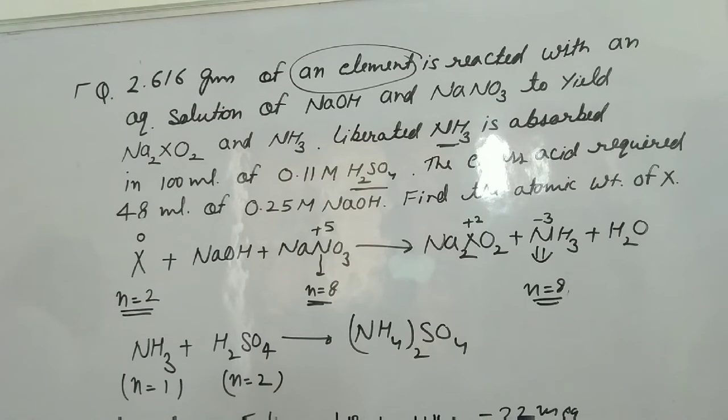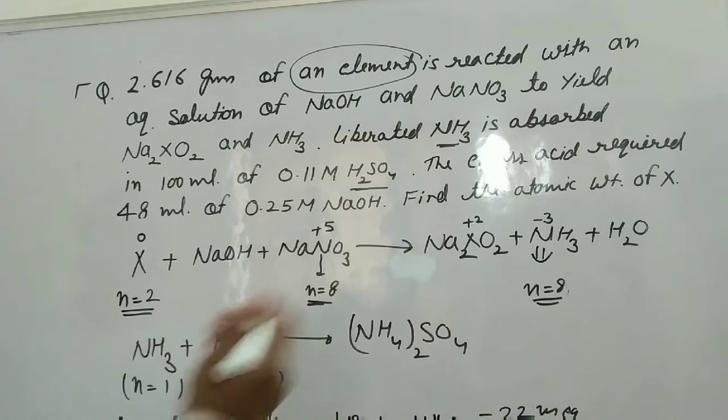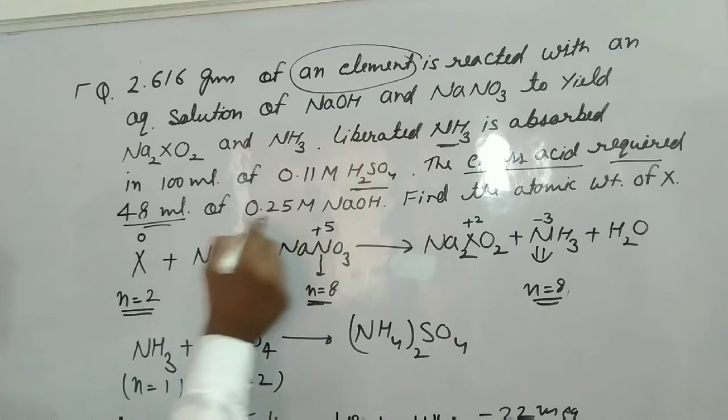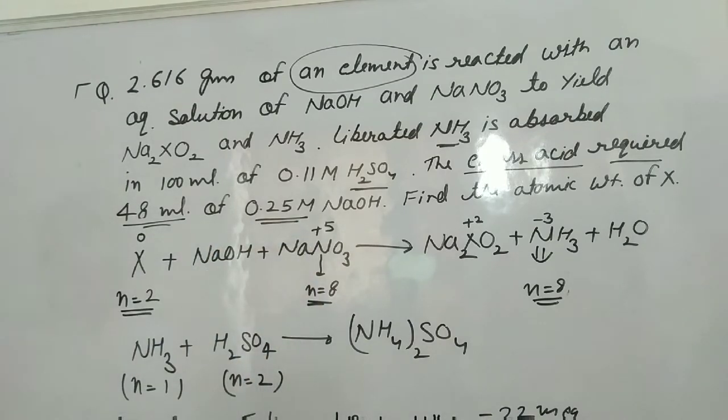Now we can calculate how many milliequivalent remained unreacted. The excess acid required 48 ml of 0.25 molar NaOH.